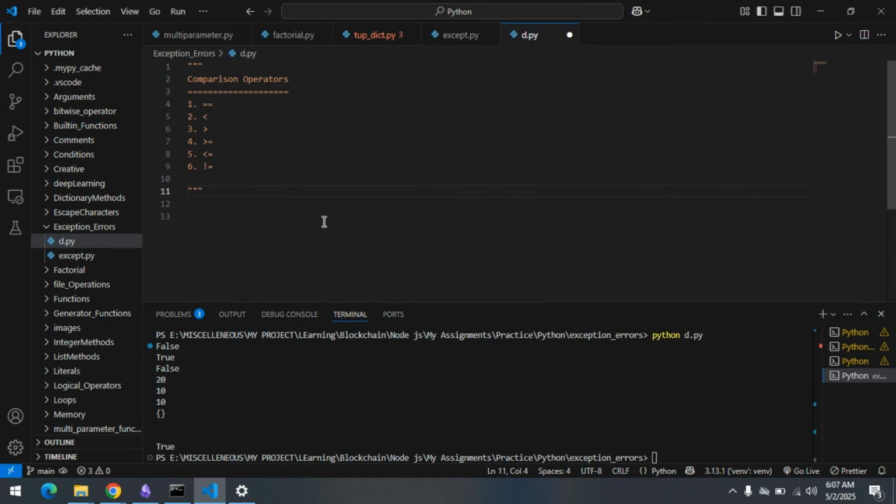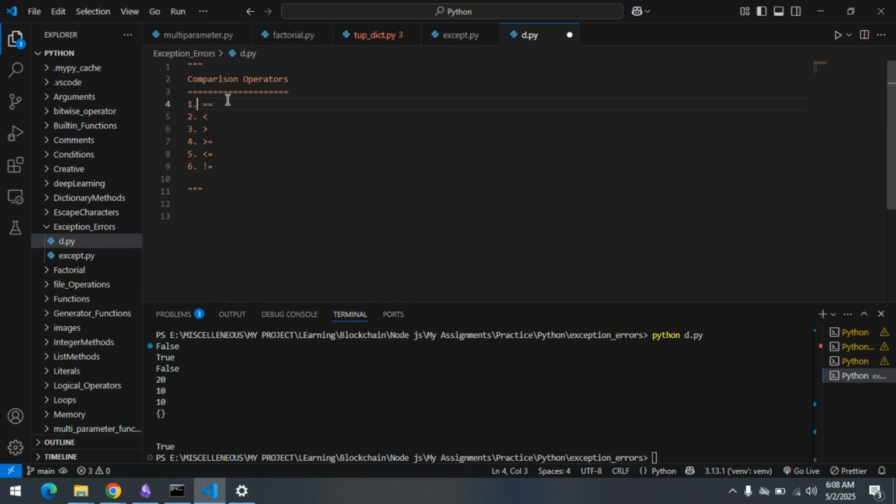So today we're gonna have a look at the comparison operators in Python, and they're really easy to understand. These are the six different symbols that we use for comparison operators. So what are comparison operators? Comparison operators are these kind of symbols that we use in between two operands.